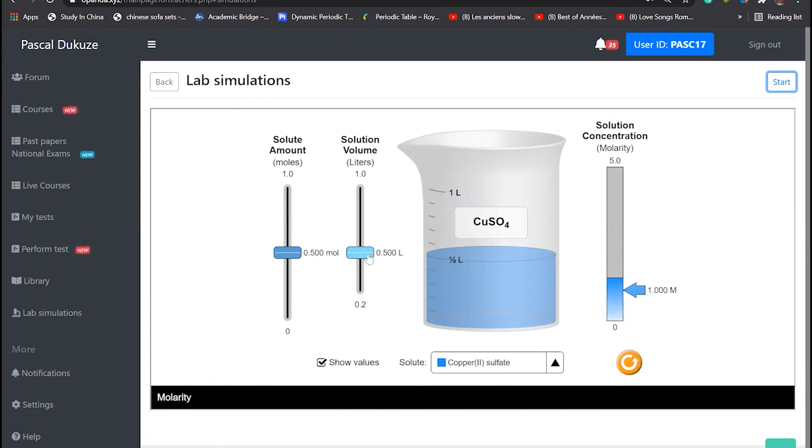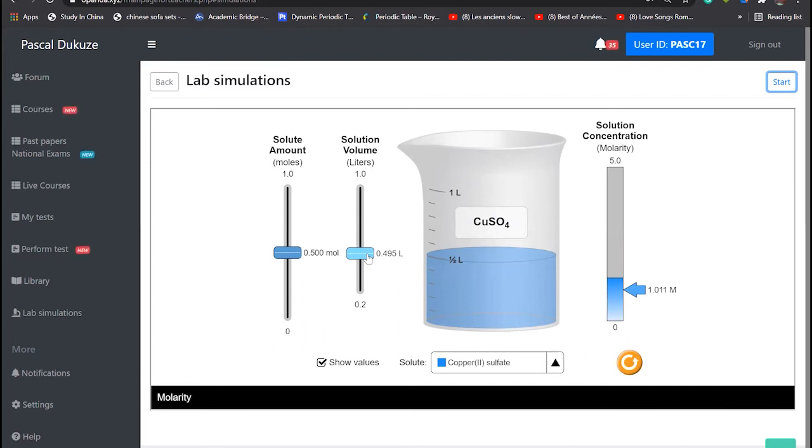What happens when we increase the volume? Let's have a look. Increasing the volume is decreasing the concentration. We are increasing the volume while keeping the amount of solute constant. And you can see the concentration here is reducing. The molarity is reducing.